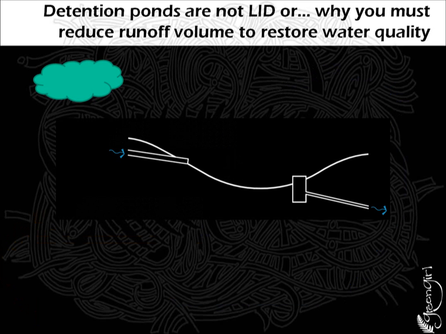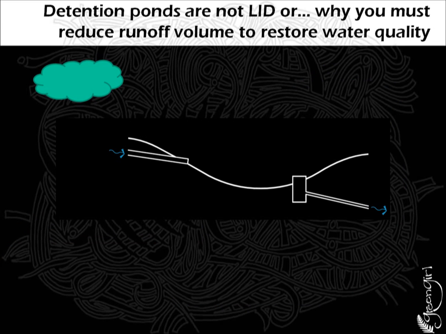Now, I'm going to explain to you why I am not endorsing detention as an LID practice. This is why you must reduce runoff volume to restore water quality. This is the connection between runoff volume and peak runoffs, and water quality at a watershed scale.